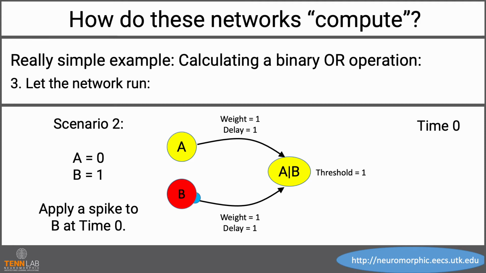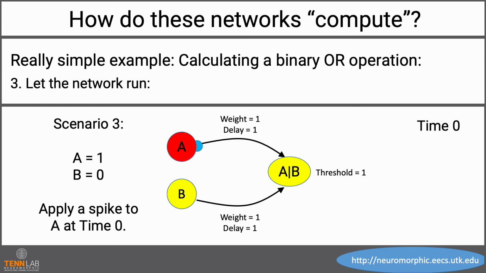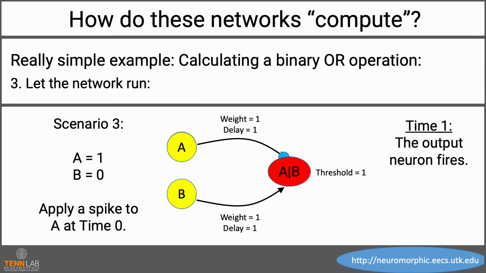So we apply a spike to B at time 0, and then it travels during its time unit, and at time 1, it arrives at the output neuron, which has a threshold of 1, so it fires. So the output neuron fires at time 1. Now we have a third scenario. That's when A is 1 and B is 0, and this does the exact same thing as the previous scenario, except it's A that's making it fire instead of B.